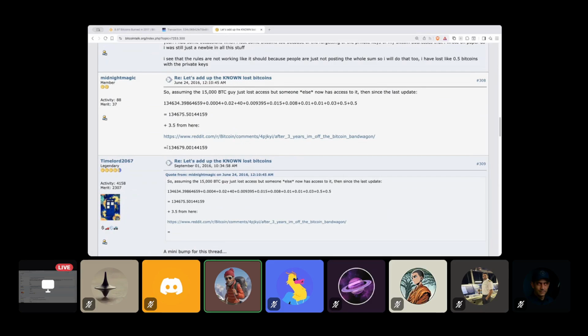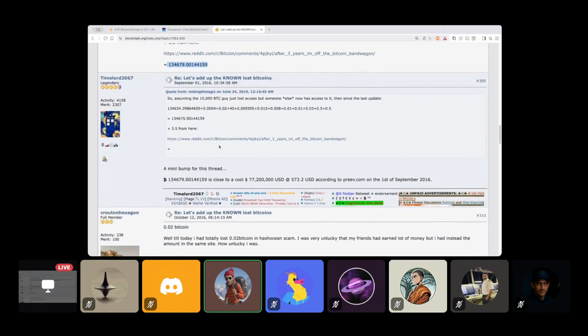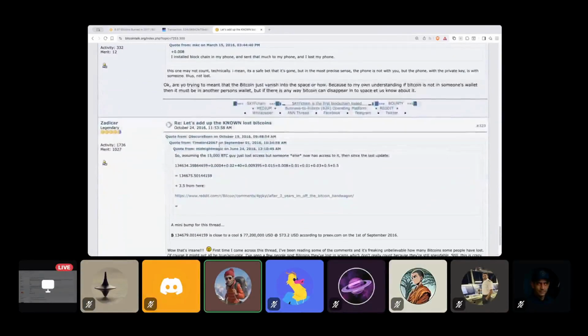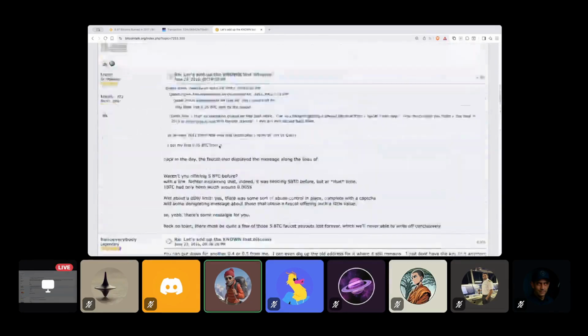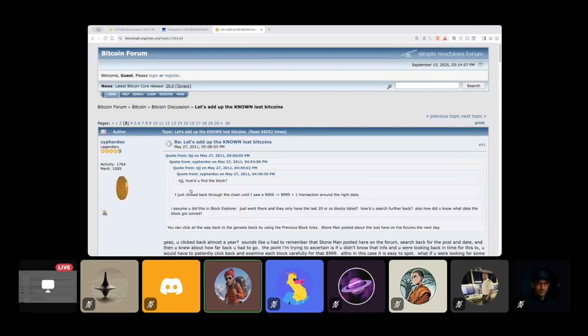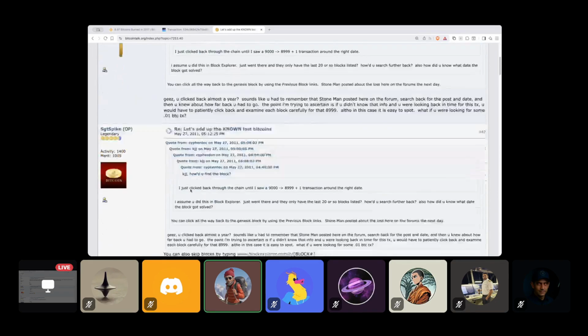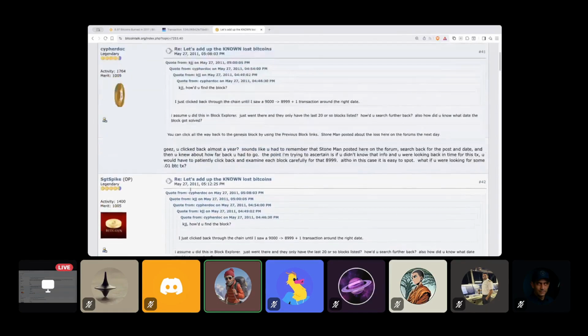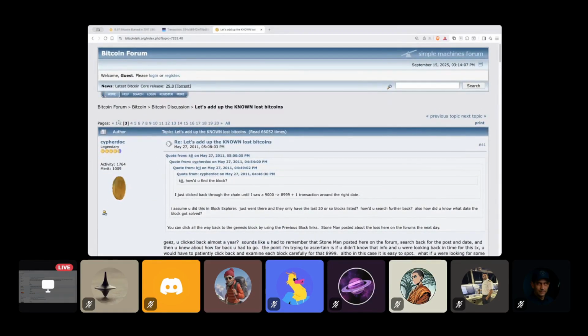The number reads closely 134,000 BTC, and after some time, people didn't update this forum. The only interesting story, the one you asked for, is this 9,000 BTC loss. Somebody tried to send. I'll try to open the exact story.